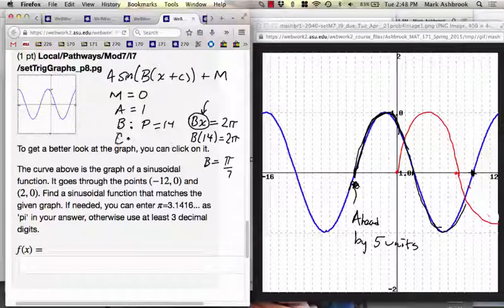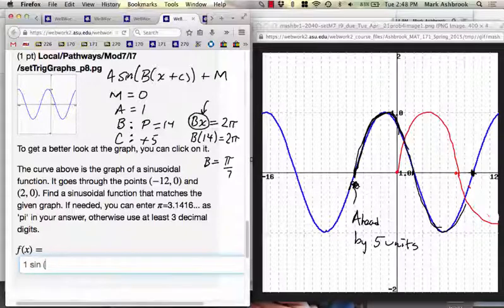So C equals plus 5. So this would be A is 1, 1 times sine of B we found was pi over 7, x plus 5. And the midline was 0.